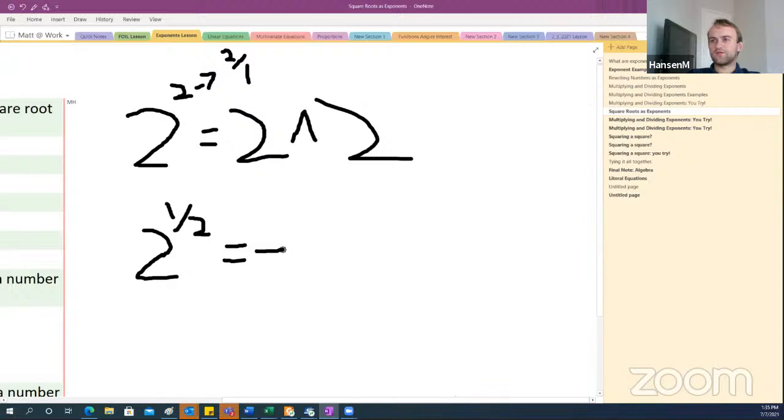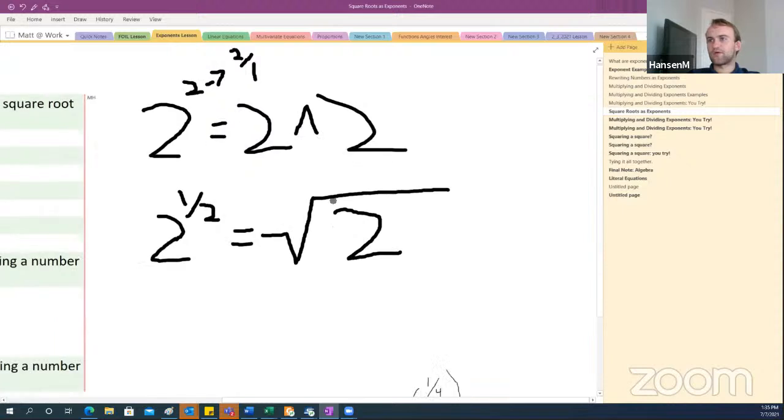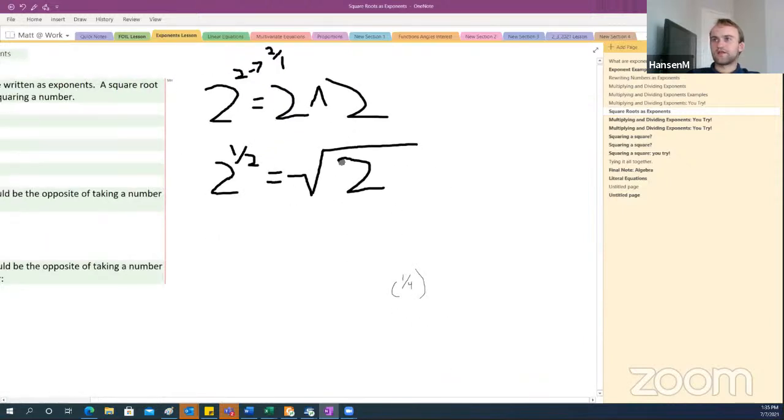Or we use this symbol. It looks kind of like a division symbol with an extra line in front of it. This is the square root symbol, square root of 2. So that's the same thing as saying 2 to the 1/2.